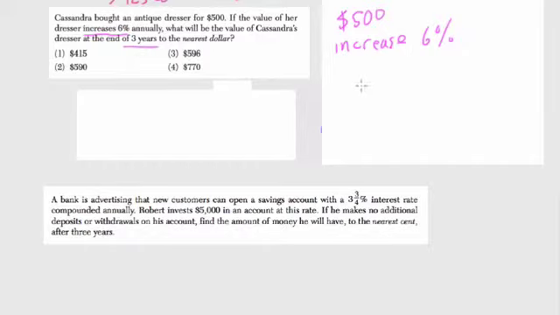Think about it this way. You have $500, and when you increase by 6%, it's 106%, or 1.06, of your original value. If you're not convinced, to find the new value you can do 500 times 6% and then add the original 500.